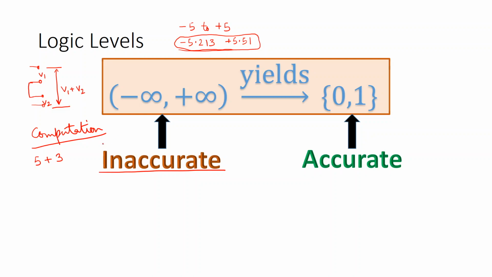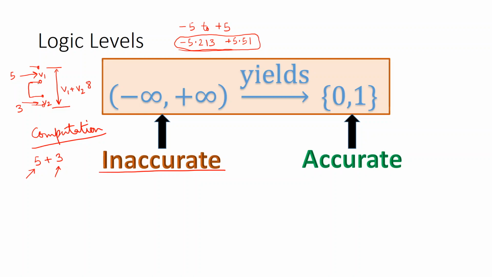Of course it will give you V1 plus V2, but if you are trying to do a computation with exact values, the computation must happen with exact values, right? You say I have supplied 5 and I have supplied 3 here, so I will get 8 here.